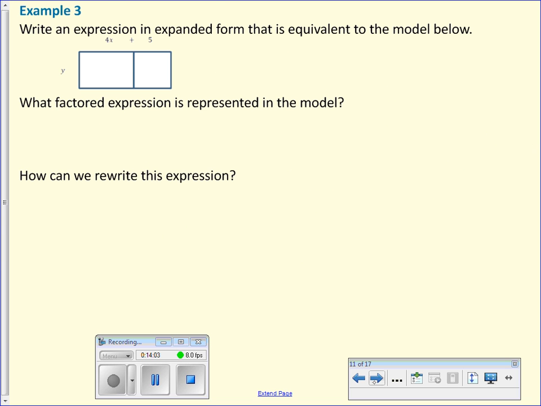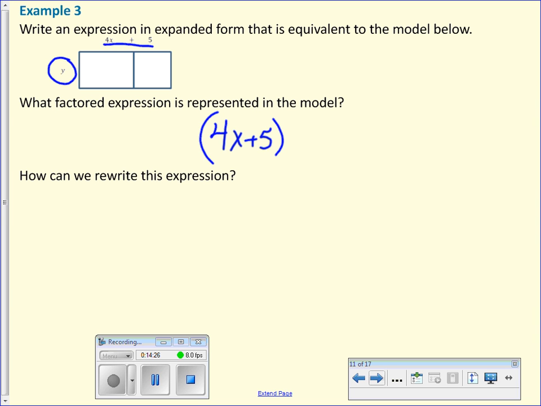Suppose I have this expression here, 4x plus 5. So if I have 4x plus 5, but I don't want to double it, I don't want to triple it, I want y groups of it. Anybody want to guess how we would write that?